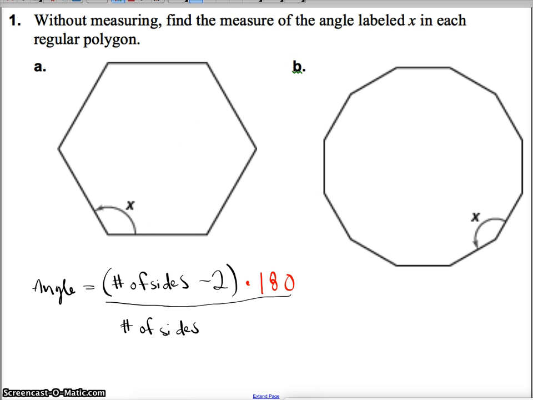Now, in the video, we talked about the number of sides being represented by the variable n.